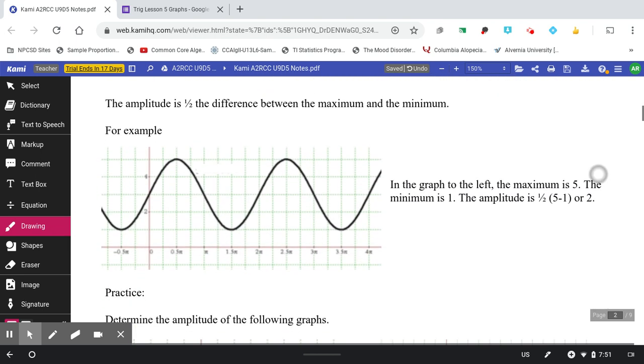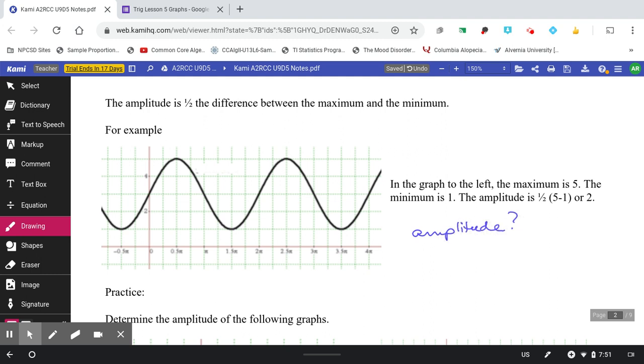So the amplitude is half the difference between the maximum and the minimum. So for example, I'm given this graph. Okay, if I'm asked what is the amplitude, right, I'm going to look at, well, the top, the height is at 5, the highest point.